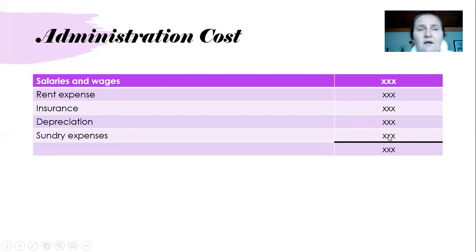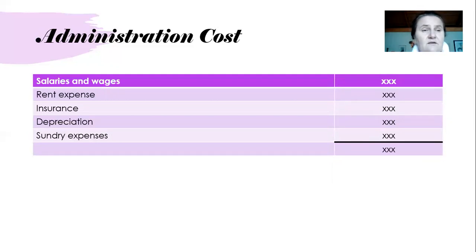Administration. We're now working towards being able to complete a manufacturer's income statement. Just like my profit and loss for a manufacturer only has two operating expenses shown separately, the same in my income statement for a manufacturer, you only have two. That's very important to remember.